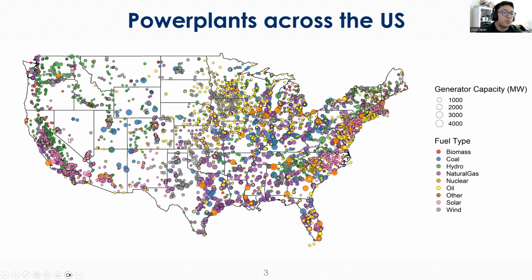Besides that, one of the things to look for is the regional location of the renewable resources. You'll notice there's a lot more pink, which is solar, in the southwest, where you have a lot more sun. For wind, you'll notice that most of the wind generation is in the Midwest all the way down to Texas.